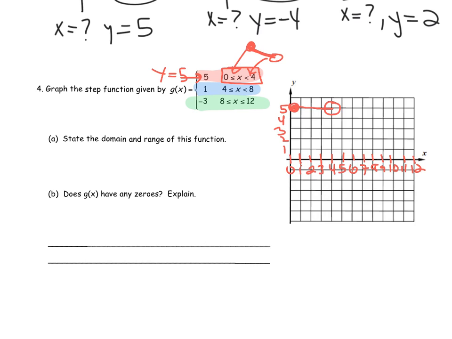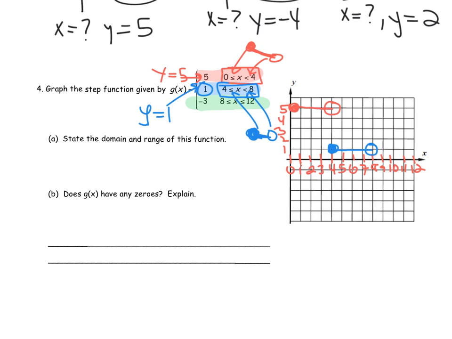Okay, let's look at the next one. Now, my y value equals 1 when x is between 4 and 8. Notice the closed circle here, closed circle, and the open circle here, and we connect them.